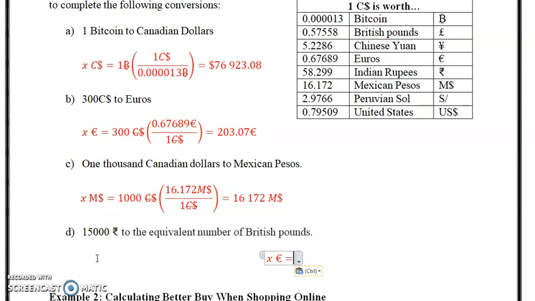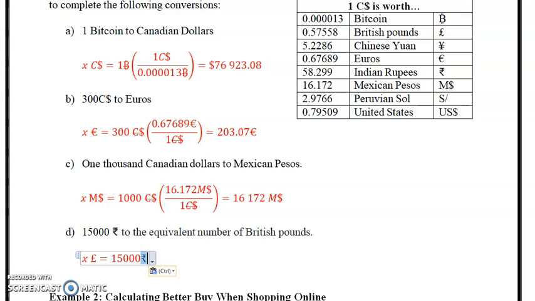So we're looking for X number of British pounds. X number of British pounds is equal to 15,000 Indian rupees.